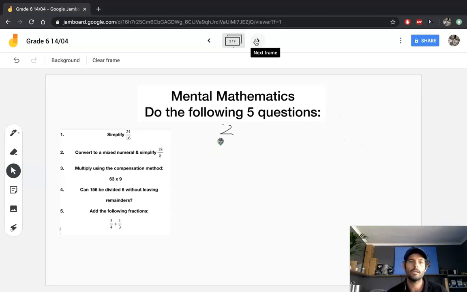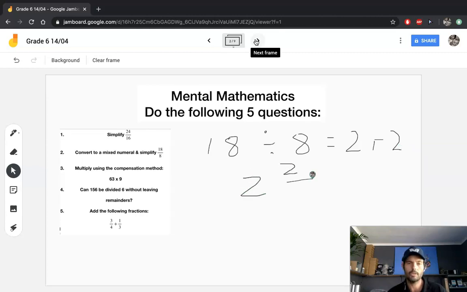Okay. Your next question is convert to a mixed numeral and then simplify. So remember that 18 over 8 means 18 divided by 8. Okay. So that's going to leave me with 2 remainder 2. Okay. So that's going to be 2 and 2 over 8.